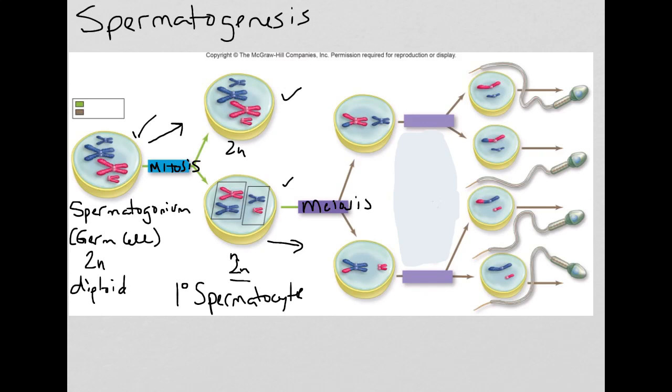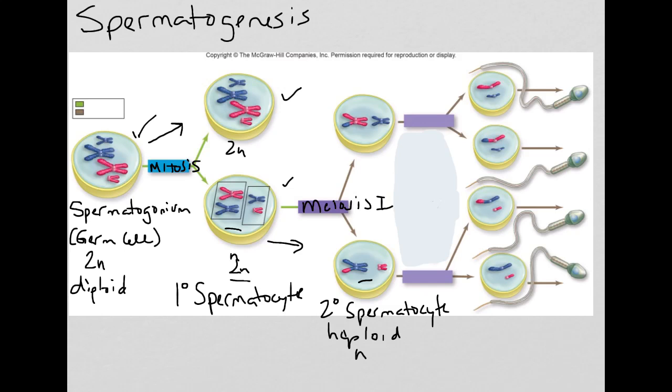It'll go through meiosis 1, and it will become a secondary spermatocyte. Now, take a look at this cell and think to yourself, how does this chromosome number compare to this one? Well, there's half as many, so this is haploid, and it is the N number of chromosomes. For this little picture here, we went from 4 to 2.